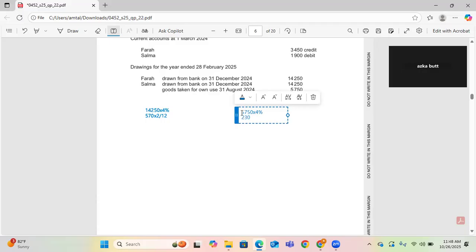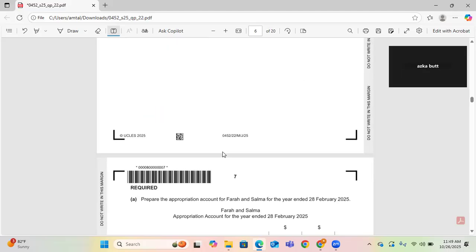Now you will be multiplying this with the 6 and dividing this with the 12. So 230 multiply 6 divided by 12. This is equal to 115. So if you just add 115 and 95, how much will it be? 115 plus 95 is equal to 210. So Salma's drawings are equal to 210.